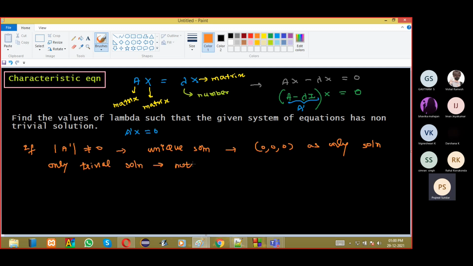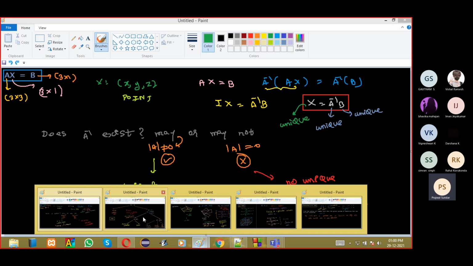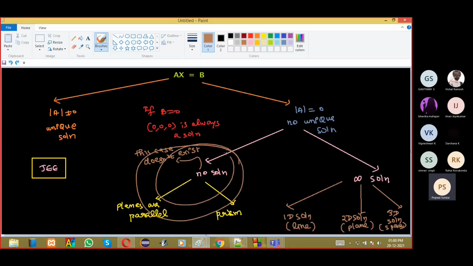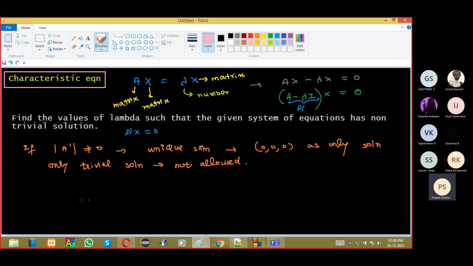This is not allowed, because the question I asked is find the values of lambda such that the given system of equations has non-trivial solution. So if I want to have non-trivial solution, definitely I should come over to this case. This case is not there for B equal to 0. I should come to infinite solution case. If I have to come to this case, it means I should cross this part, which means I should have determinant of A equal to 0.